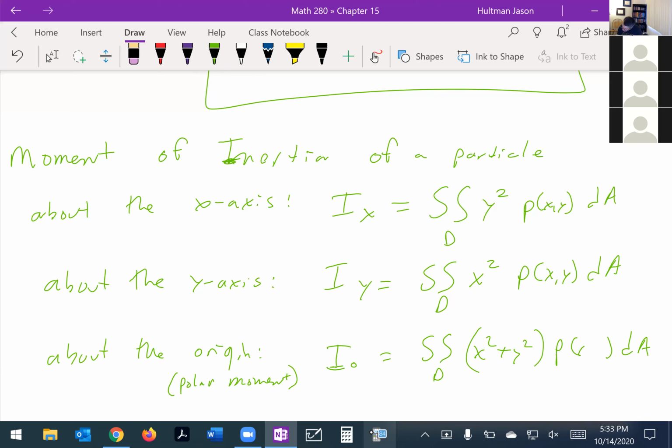You can see why it's the polar moment because this is r squared, which is actually r cubed. Why is it r cubed? Because if you change to polar coordinates, you're going to have an r dr d theta. You've got to have the extra r. R dr d theta.